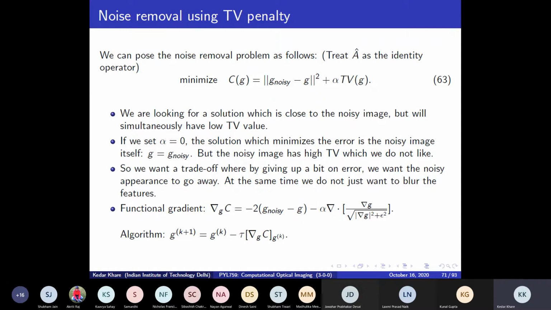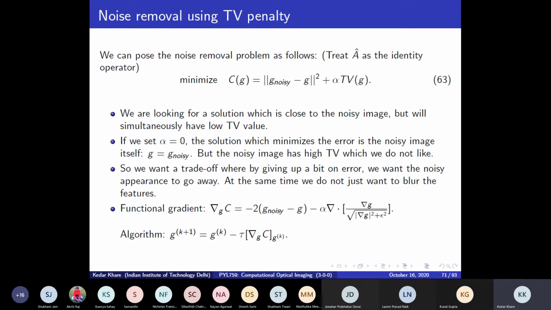So if I set alpha equal to 0, then the solution which minimizes this cost function is going to be the noisy image itself, because in that case the cost function is just the error function. And if you set G equal to G noisy, then the error will be minimum and it will be 0. Okay, but the noisy image is something that we don't want. We want to remove the noise. And so we are going to put a trade-off.